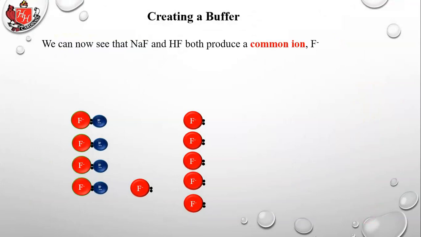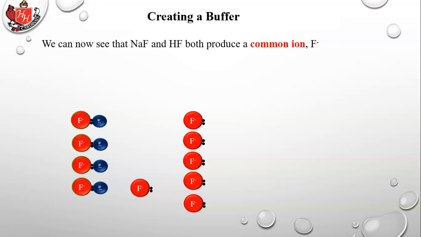So now we see that NaF and HF both produce a common ion. That's the fluoride ion. We did common ion problems a couple lessons back, and this is why we did them, because we're going to use them in creating buffers. So now we actually have 4 hydrofluoric acid and 6 fluoride ions.